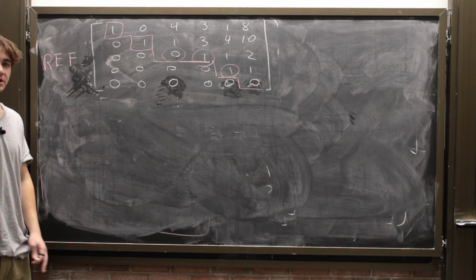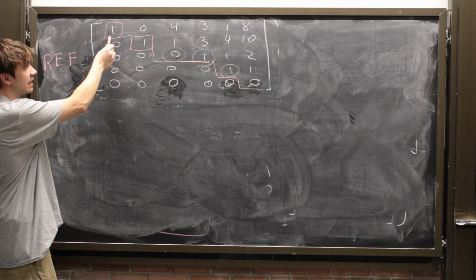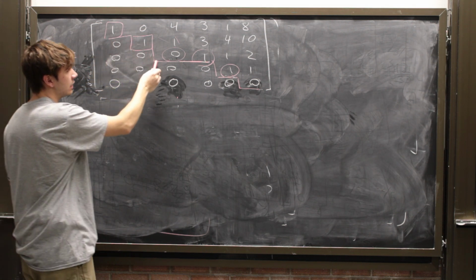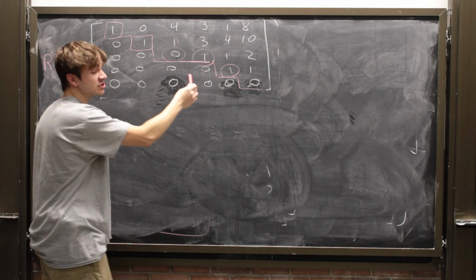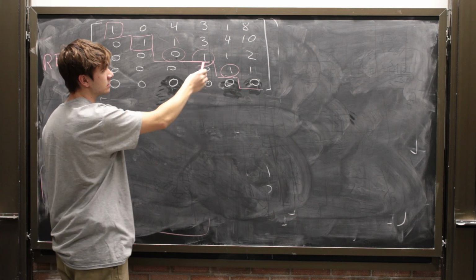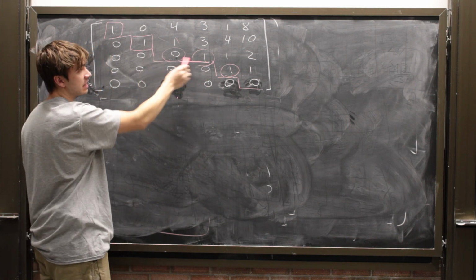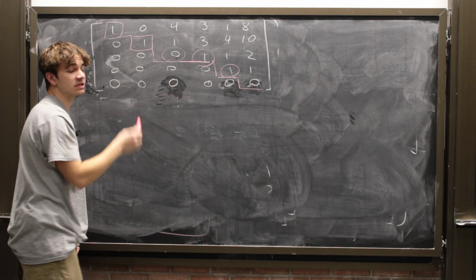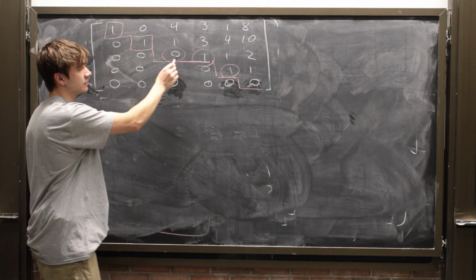REF means I've completed a staircase, which means I have 1s at each step, and each time I step down, I better have a 1 followed by zeros. And if I don't step down, if I move across, then every time I move across, I need to have zeros everywhere underneath me and a 0 on the staircase.